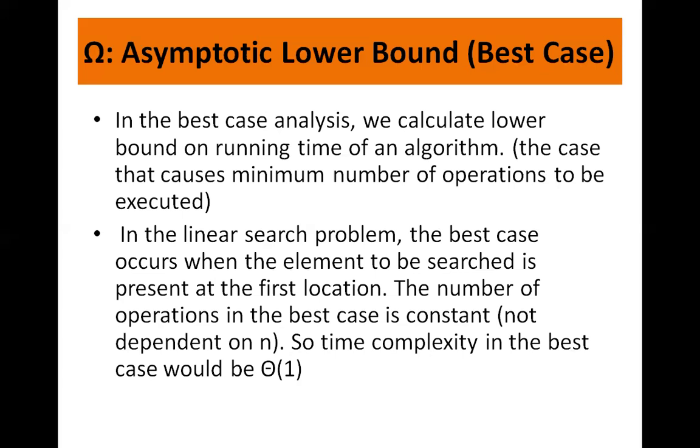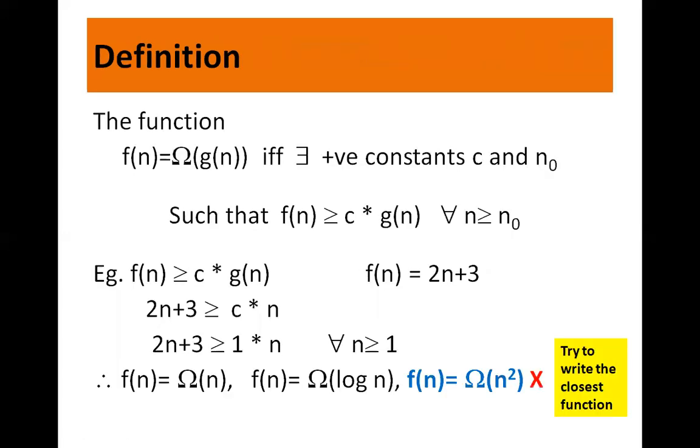Whereas in big O notation, we saw the linear search worst case is when you get the item at the end of the list or the item does not exist. That means you have to traverse the whole list. If the size of the list is n, your complexity will be n. But in the best case, it does not depend on the size of your input. The complexity is constant.